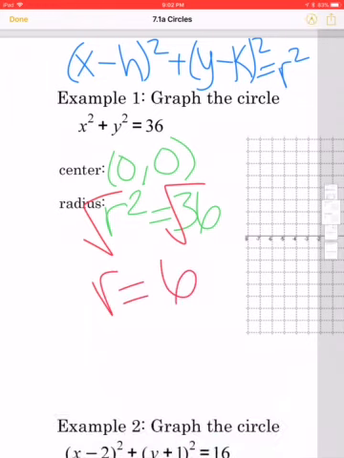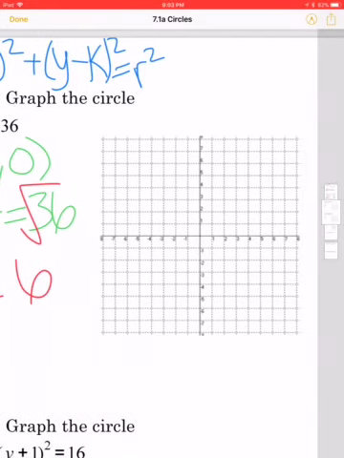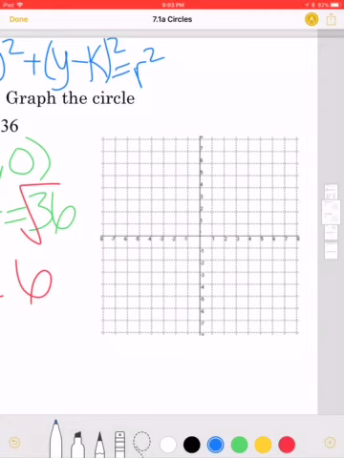So then if you'd like to graph this equation, you start by graphing the center at 0, 0. Then a radius of 6. So I would go along the x-axis out to 6, up 6, left 6, and down 6. And then do your best to draw a circle with the radius of 6.